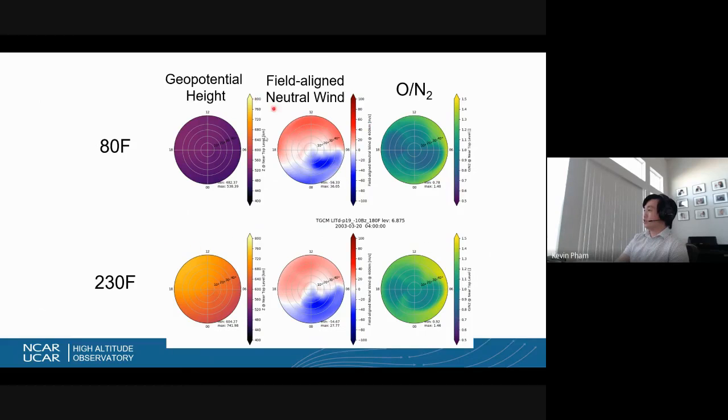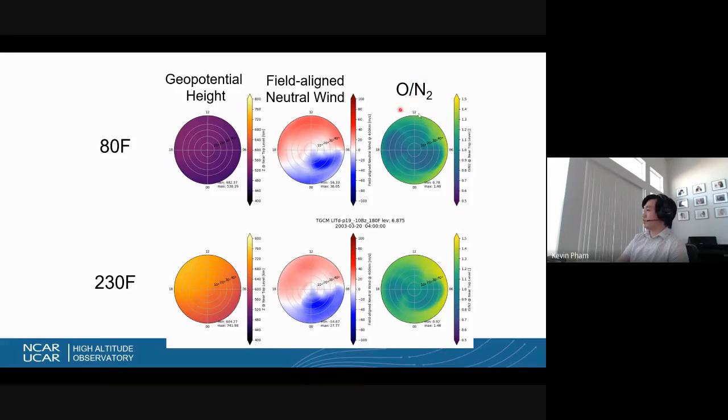Looking at the field line neutral wind quantities, although the distributions are similar between the two runs, the colors are much darker in the solar minimum case. At 400 kilometers, the field line neutral wind velocities are much larger in the solar minimum than in the solar maximum.